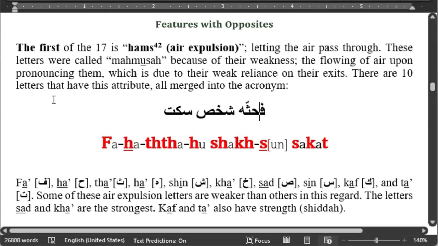There are 10 letters that have this attribute, all merged into the acronym فحثه شخص سكت.